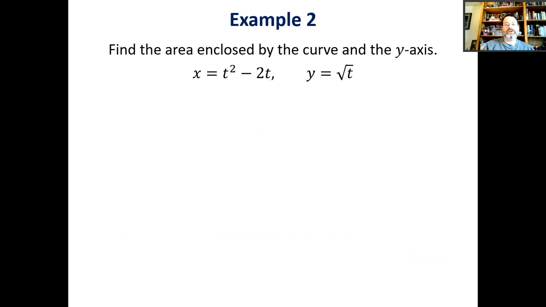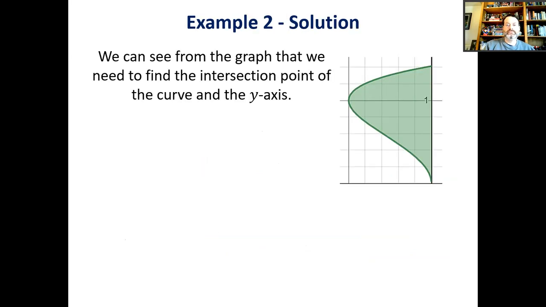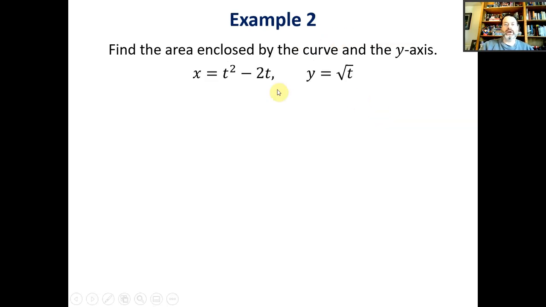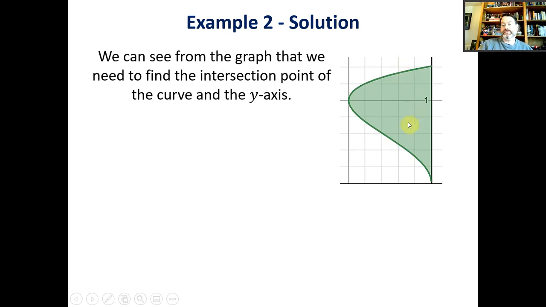All right, so here's our function. And so I went ahead and made a graph, and I could see that. So let me go back up here and show you. We have to find the area between the region and the y-axis. So when I look at this, I need to find these two intersection points, here and here.